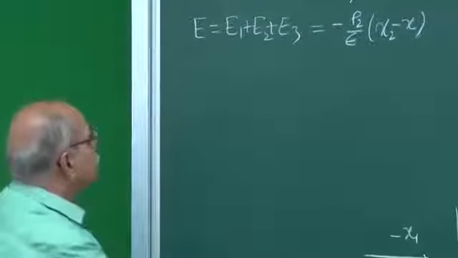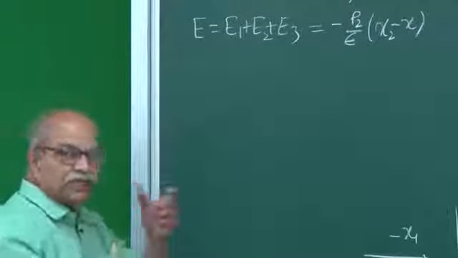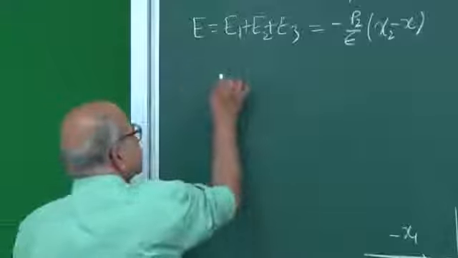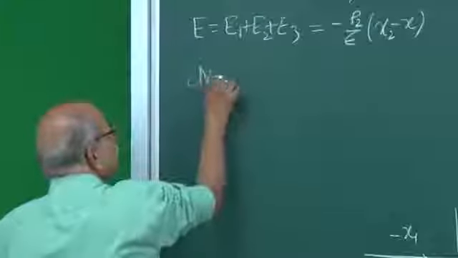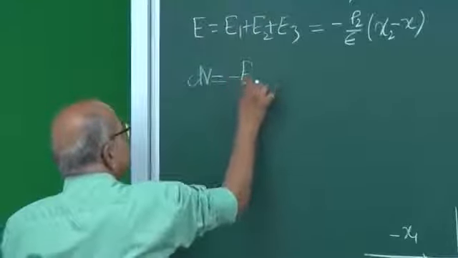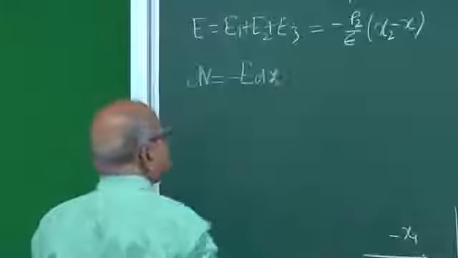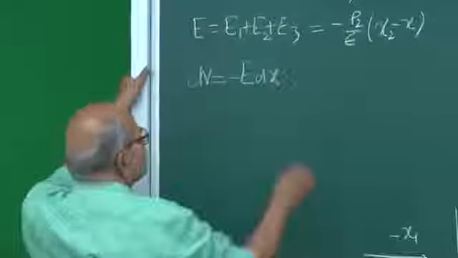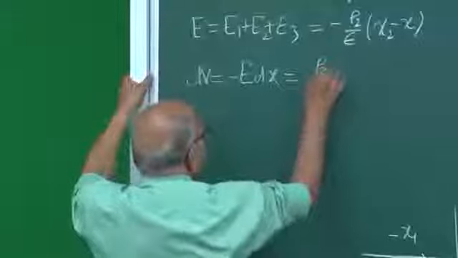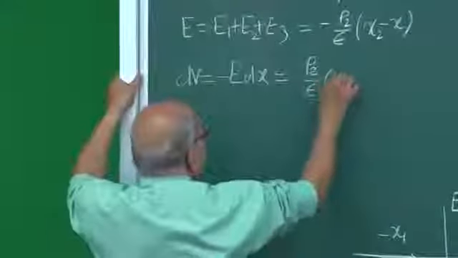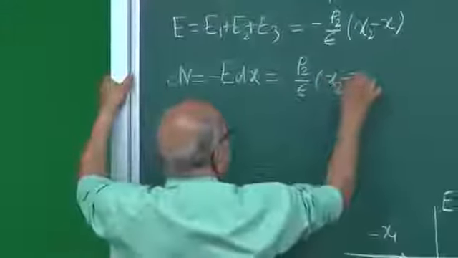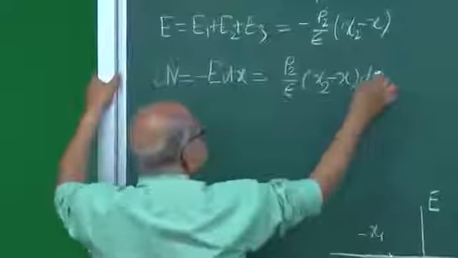So you know the basic definition of a potential difference. This is dV is equal to minus E dx for the one dimensional case, and so here it will be rho 2 over epsilon times x2 minus x and dx.